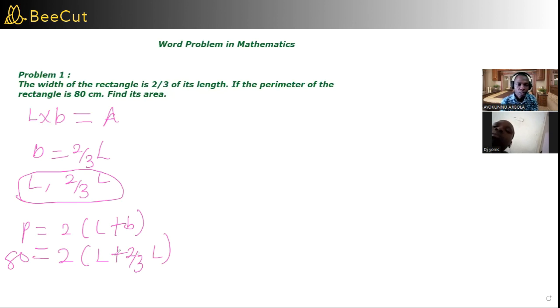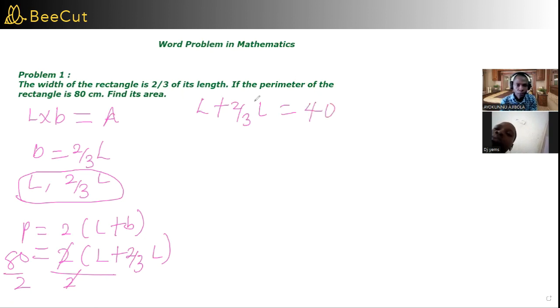Here it's easier for me to find my L. Just divide by 2. I have 40 inside. So I have L plus 2/3 of L gives me 40.